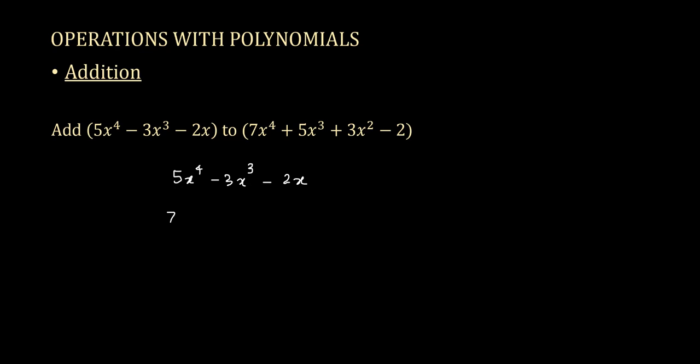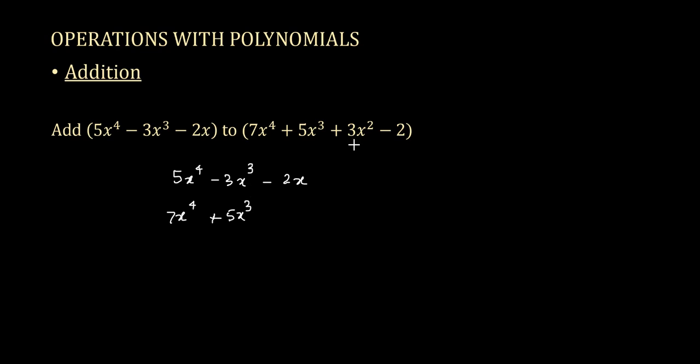So 7x raised to power 4 should lie just below 5x raised to power 4, just to make it easier to identify the like terms. If you can identify like terms just by looking at this, you can straight away add any two polynomials. So the next term is 5x cube, so I will write 5x cube below 3x cube.